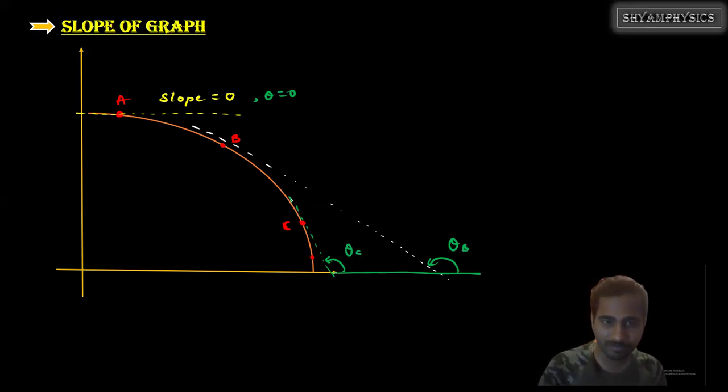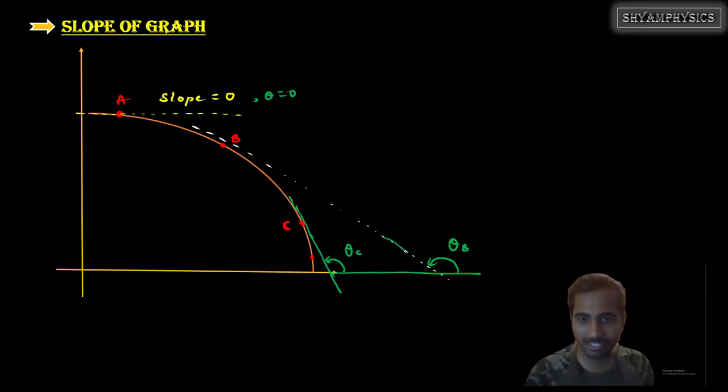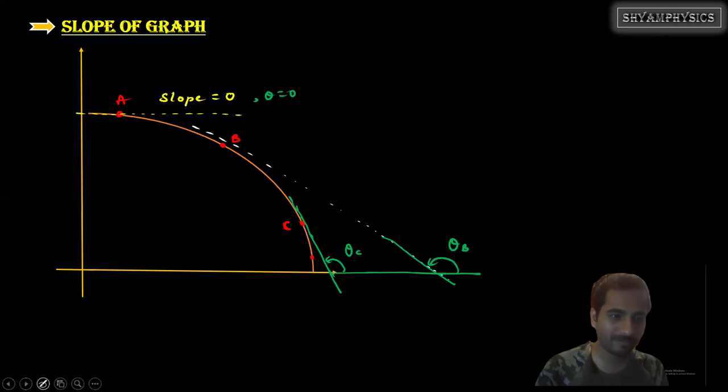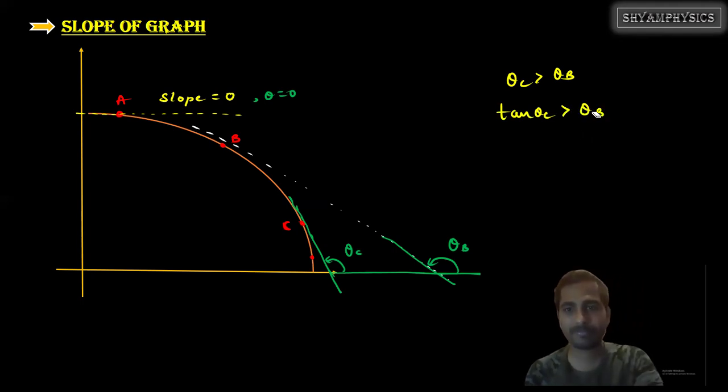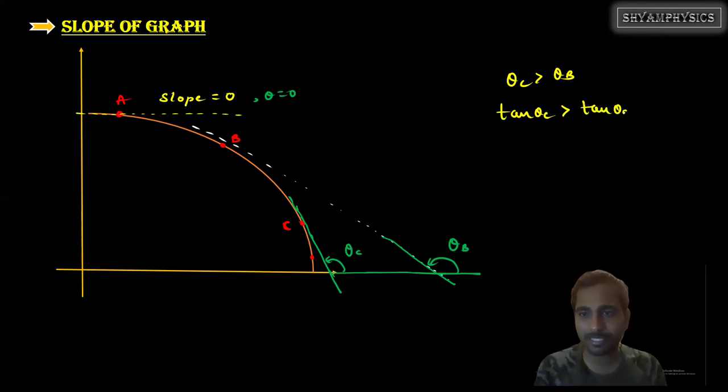This is a tangent line which I draw here, and this is the line for B. Theta B is this much, and theta C is slightly narrower. So theta C is greater than theta B. So we can say tan theta C is greater than tan theta B, which means the slope of C is greater than the slope of B.